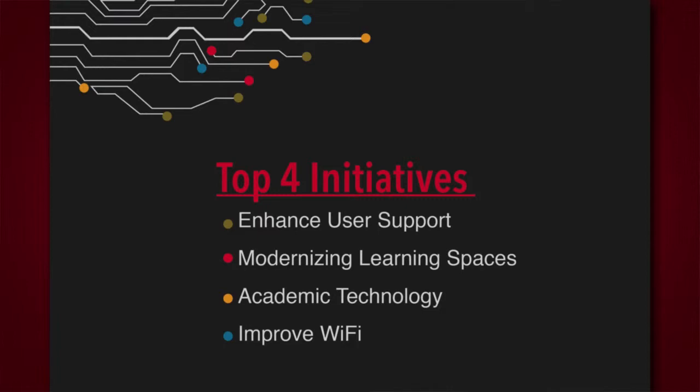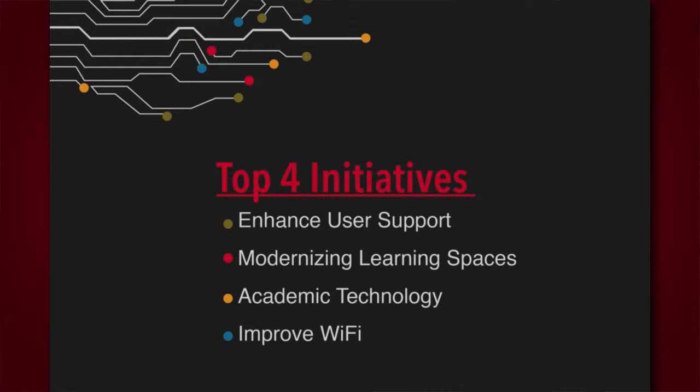The Wi-Fi enhancement community, which both helped create an awareness of where the Wi-Fi dead zones were, went out and deployed 150 access points, but they also helped the broad university community have a better understanding of when they are dealing with a wireless problem versus a cellular phone problem. And then finally, a formal community of practice around learning spaces. So looking at next generation active learning spaces and deploying those and piloting those in a handful of spaces.